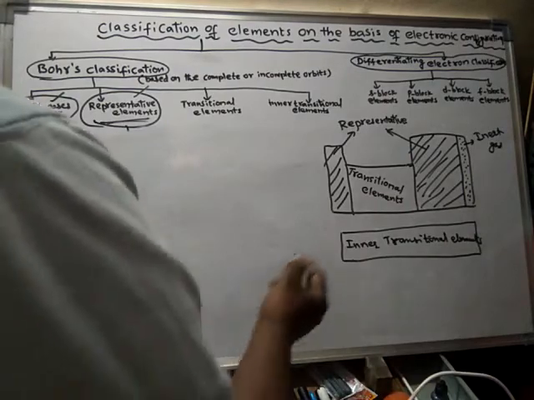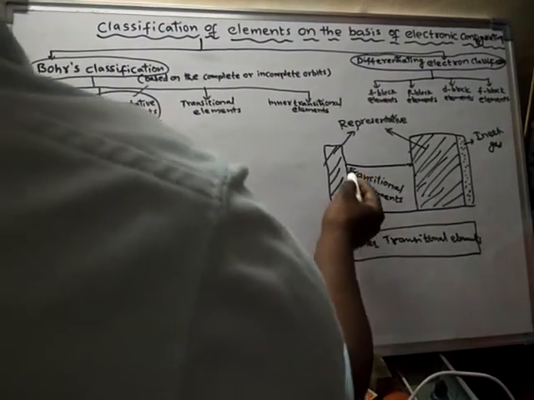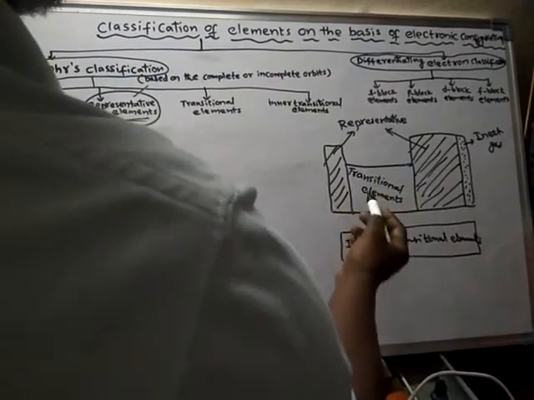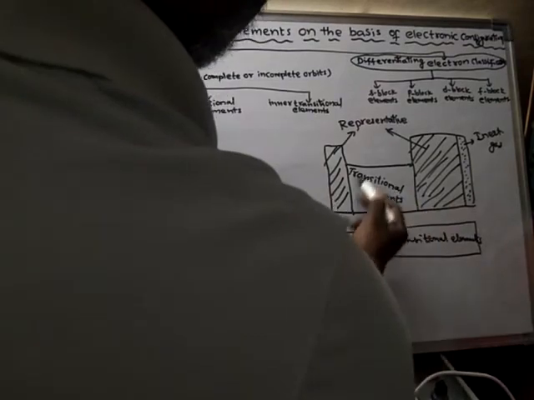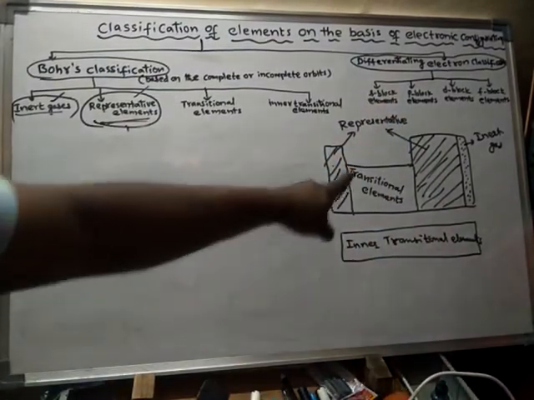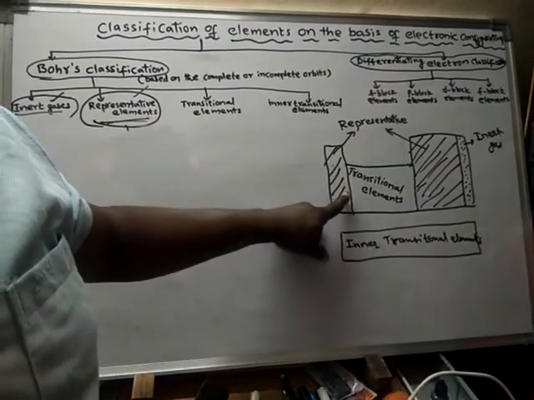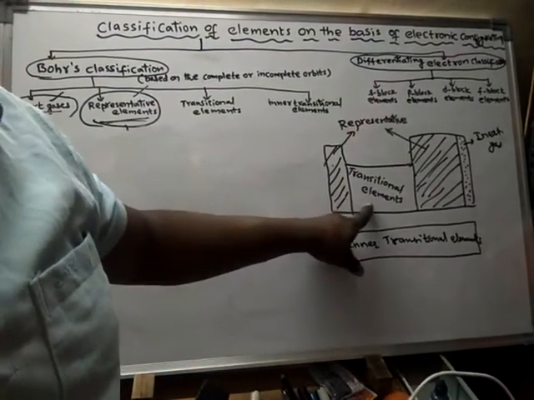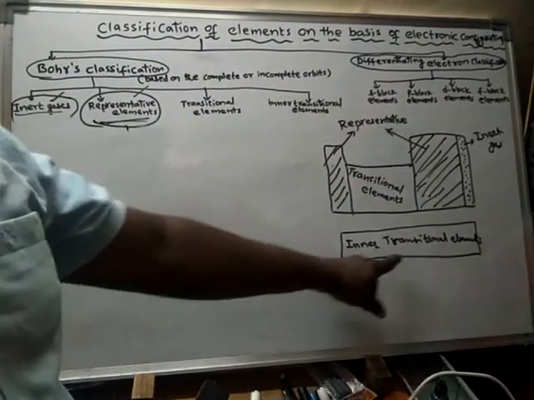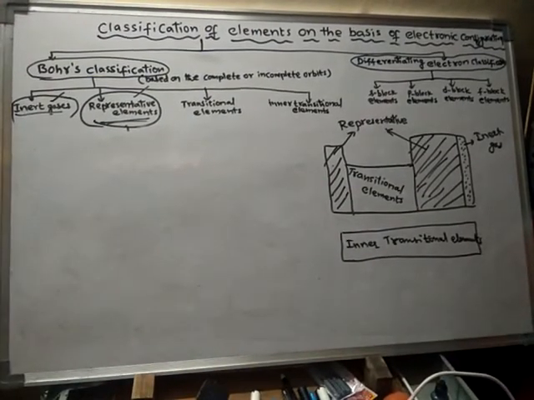In the middle you will find transition elements. Towards the left side and the right side of the transitional elements you will find representative elements. Next, inner transition elements are kept at the bottom of the periodic table.